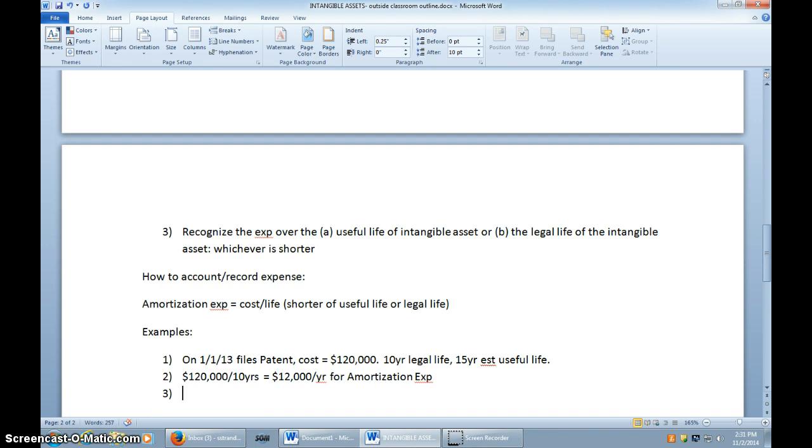Now, besides not having to consider salvage value, the other great thing about recognizing amortization expense is besides recognizing the expense, I can directly reduce the asset. I don't have to use a contra account like I did for accumulated depreciation. I can go ahead and directly reduce the asset, in this case, the patent.